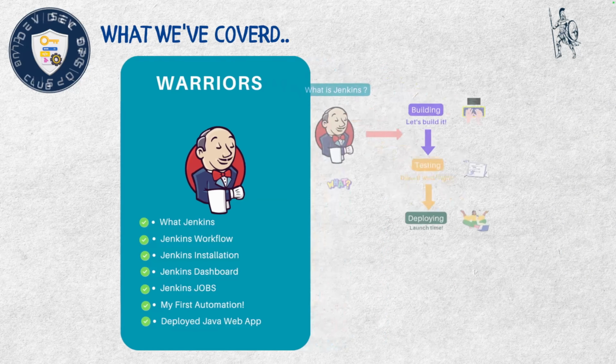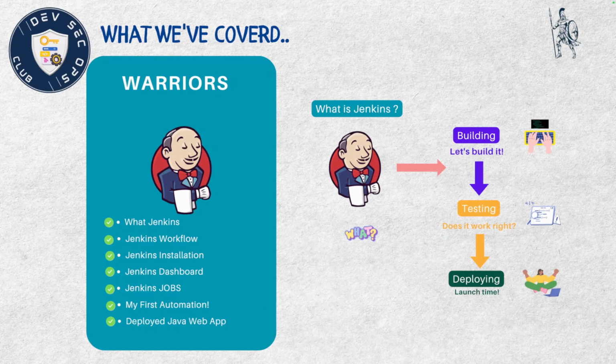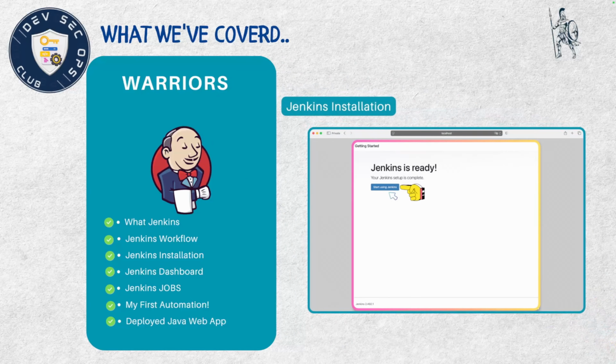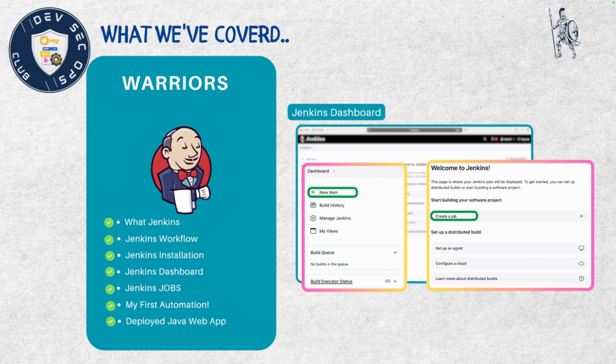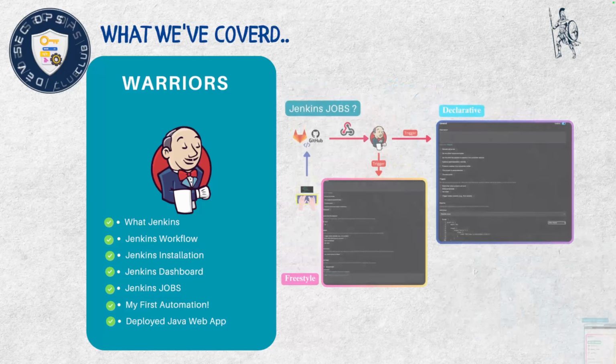In the warrior section, we have already seen what Jenkins is, and we also saw the Jenkins installation. We did the walkthrough of what options are available once we install and configure Jenkins on our local system. So this is our dashboard, what we can see, where we can see how to create a job, and the various features available with Jenkins.